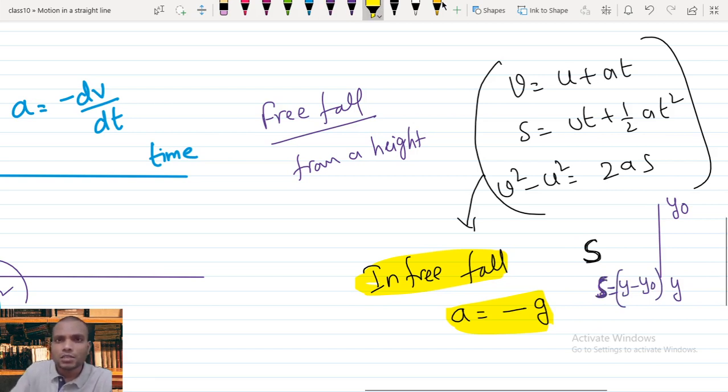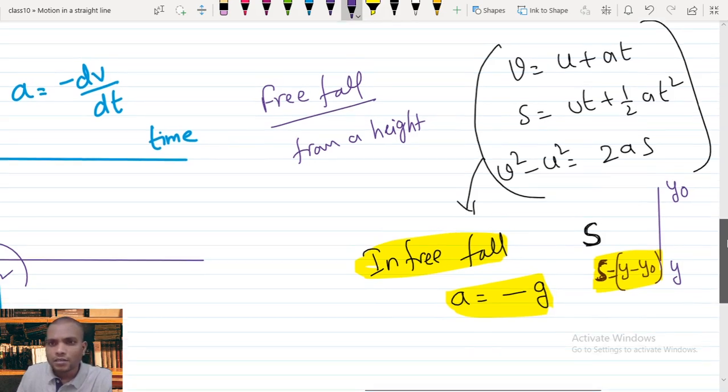The two changes are here: displacement is represented as s equals y minus y naught, and acceleration is always represented as minus g.